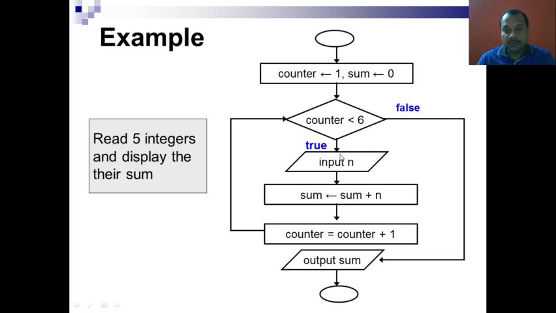Then it will come down, input one number from the user, and add that number to the sum. I initialized sum with 0, so it will be added, and after that addition it will come down again and increment the counter by 1. By this I am also indicating that one read operation and one addition operation is done.